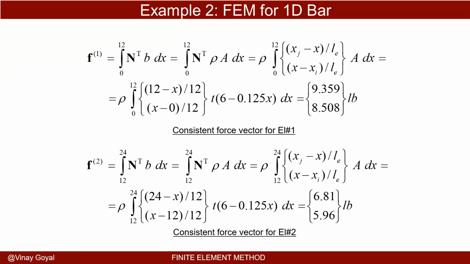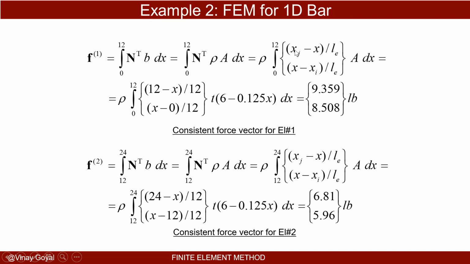Now, I have a body force. So the body force is rho times area, like gravity, and I know what area is. I know what density is. It's constant. It can come outside of the integral. M bold is known. We know what Ni and Nj are. They're here.